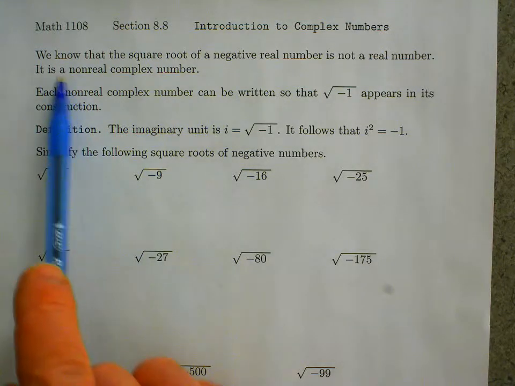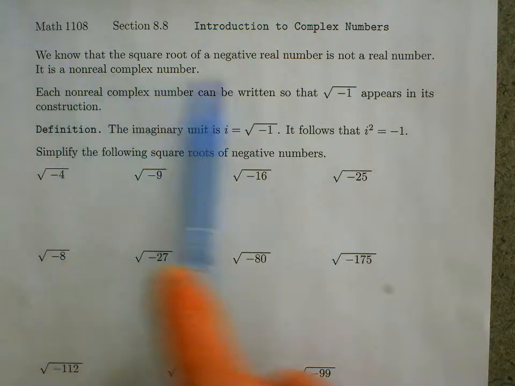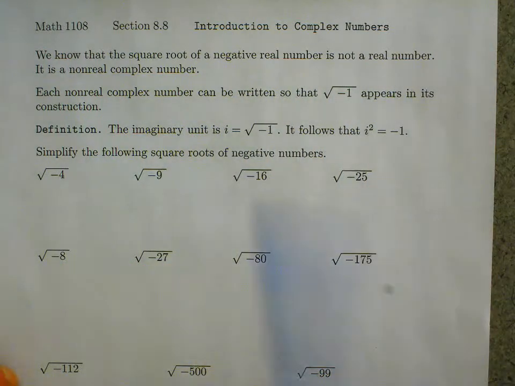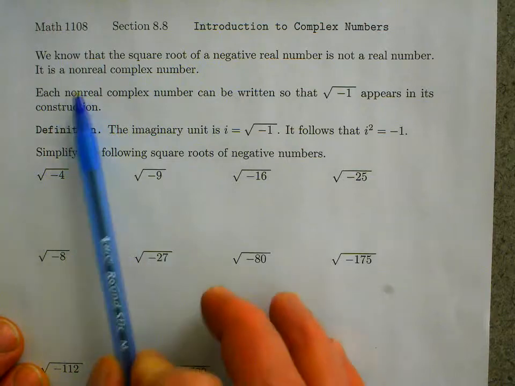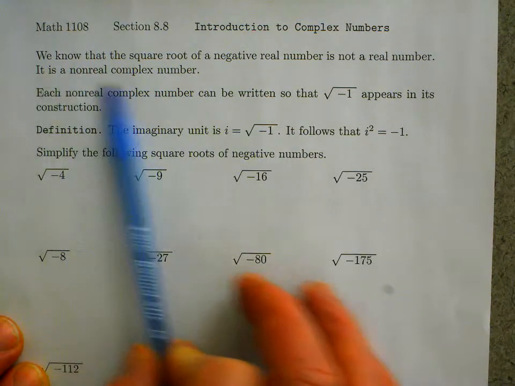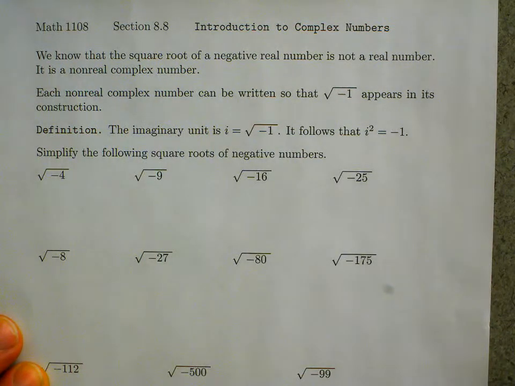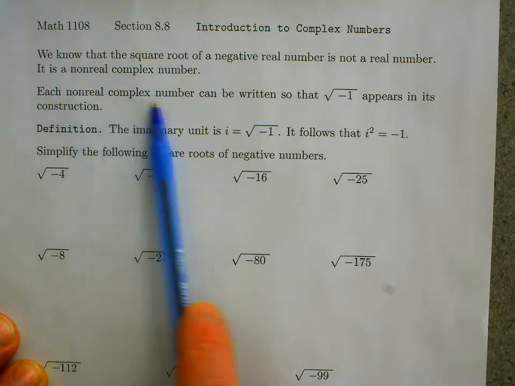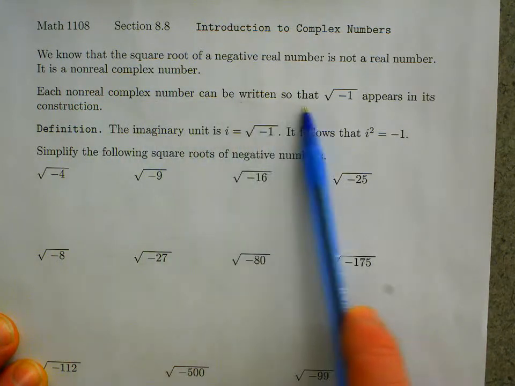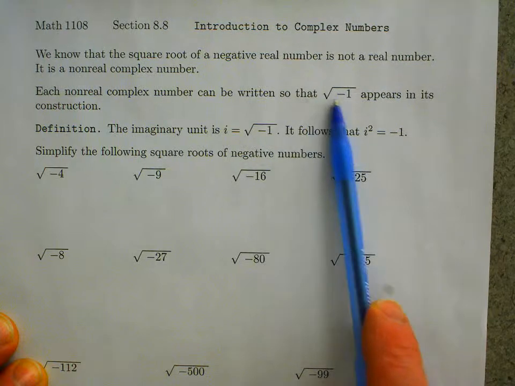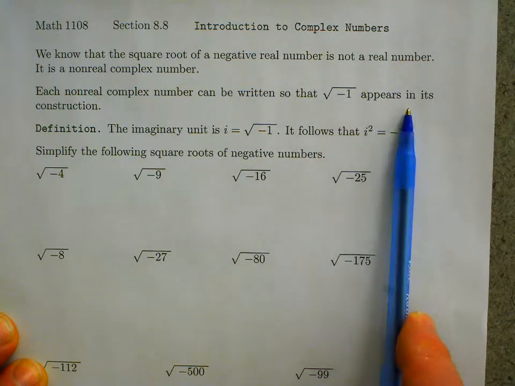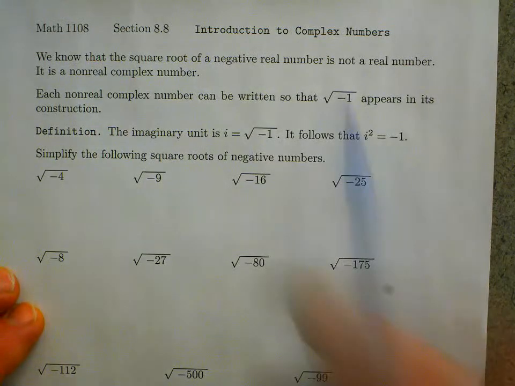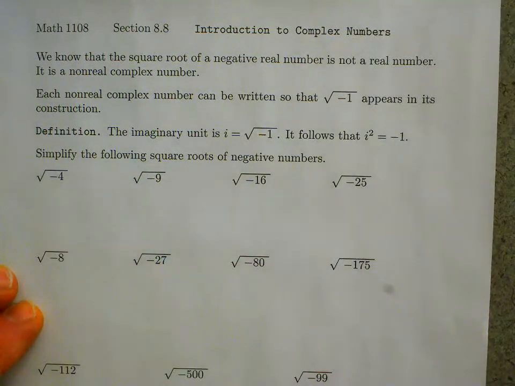So let's start out. We know that the square root of a negative real number is not a real number, but it is a certain type of number. It is a non-real complex number. So each non-real complex number can be written so that the square root of negative 1 appears in its construction. And here's a definition.